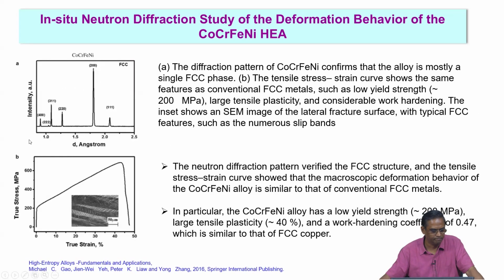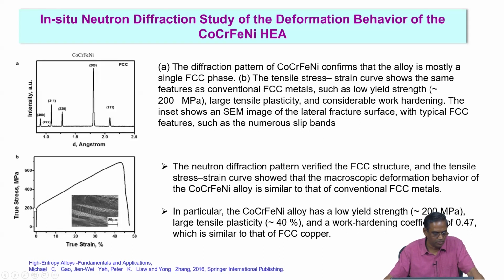We have the diffraction pattern of cobalt, chromium, iron, nickel, which confirms that the alloy is mostly a single phase, and then B is the tensile stress strain curve, which shows some features of conventional FCC metals, such as low yield strength of around 200 MPa and then large tensile plasticity. You can see that.